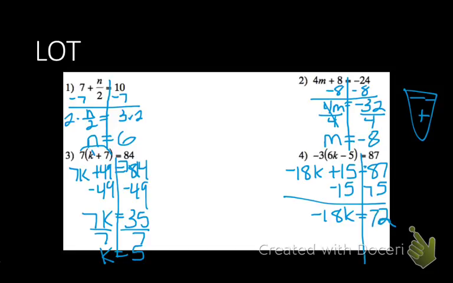And then 72 divided by negative 18, k is equal to negative 4. Sorry about that, you can hardly see the answer for number 4. It's k equals negative 4.